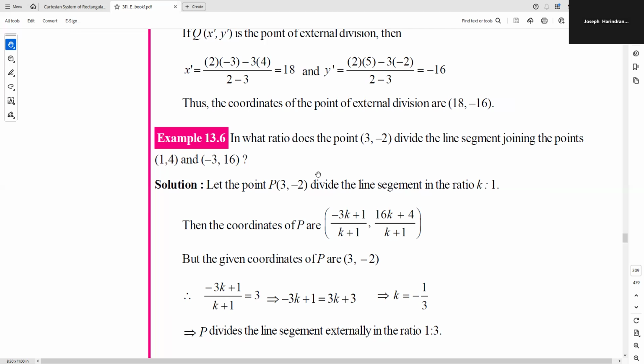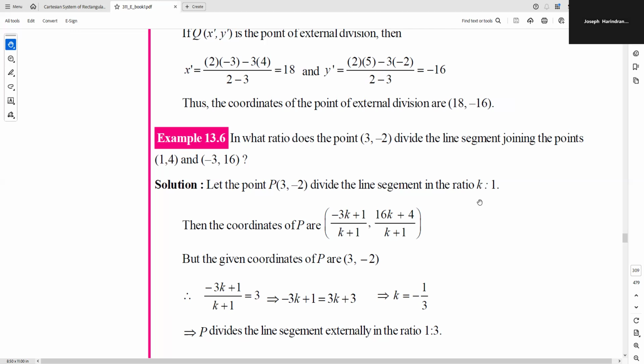Are you able to understand this? So that is minus 3k plus 1, whole divided by m1 plus m2, that is k plus 1. That's all. The formula does not change.